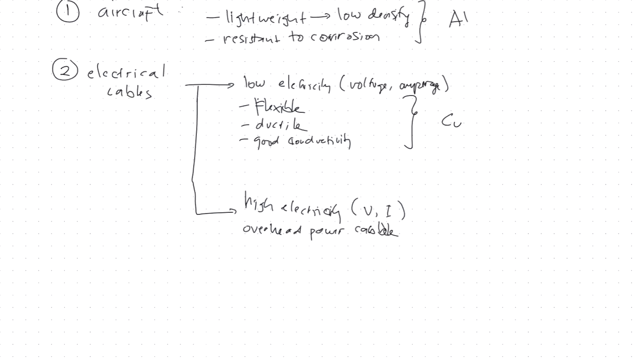So overhead power cables need to be up there. And we're going to have them over long distances, which means we need them to be lightweight, but still a good conductor.